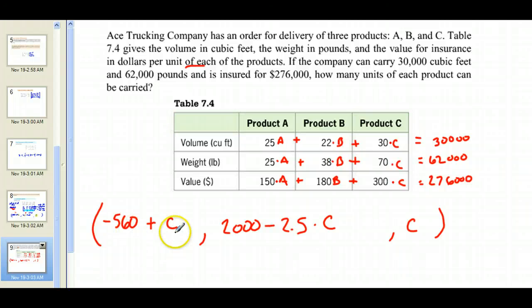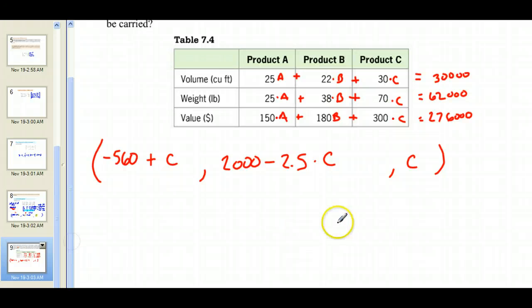Now a couple of things that we can get off the bat. Obviously C has to be positive, because it's the number of units of product C. C has to be greater than or equal to 560 because of this part.